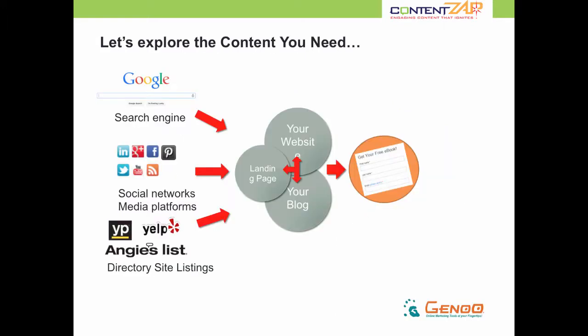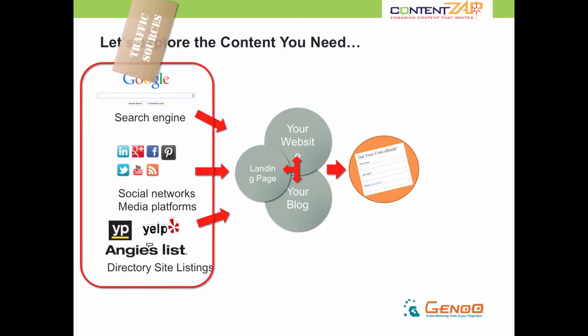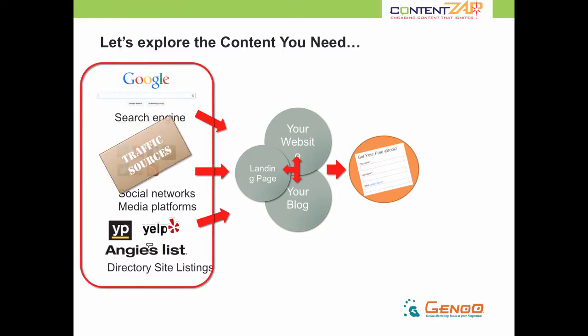So let's explore the content that you need. We've sort of laid the groundwork for why content's so important. Now, what kind of content do you need? You want content that will feed your traffic sources, right? So you're going to want to repurpose and reuse and generate content for distribution out to media platforms like YouTube and Scribd and Issuu and SoundCloud.